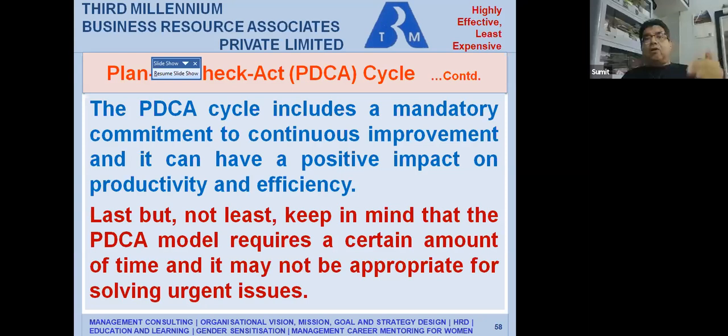So same way, if a company is faced with an urgent situation, you do not have the luxury of time. As you can see in the last para, it requires a certain amount of time to complete the cycle, improve the cycle, etc., etc. So don't get into PDCA if you have an urgent problem to solve. Right? When China is attacking us, we cannot sit down and do a PDCA as to how our armed forces should respond.